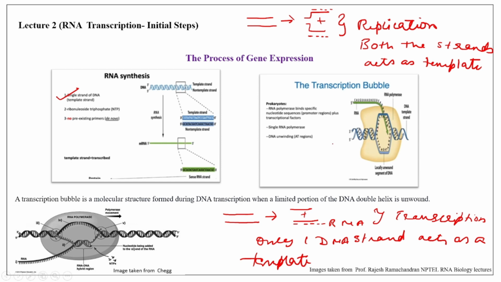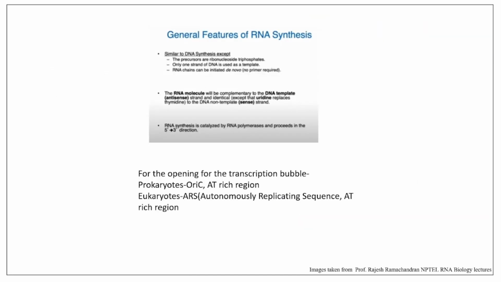So in eukaryotic transcription there is a single RNA polymerase, fine. Then the unwinding that happens is mostly in the AT rich region, because AT rich has only two hydrogen bonds, so it is easy to unwind that region. Now, these are some of the general features of RNA synthesis.